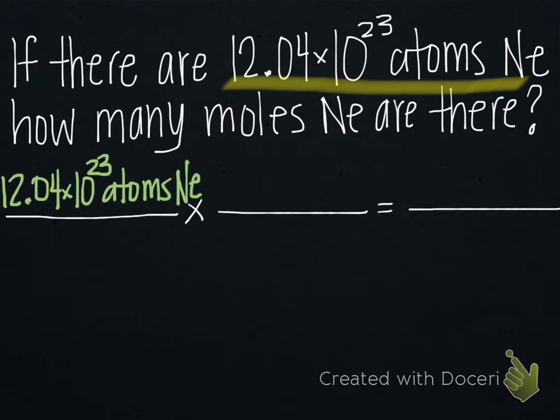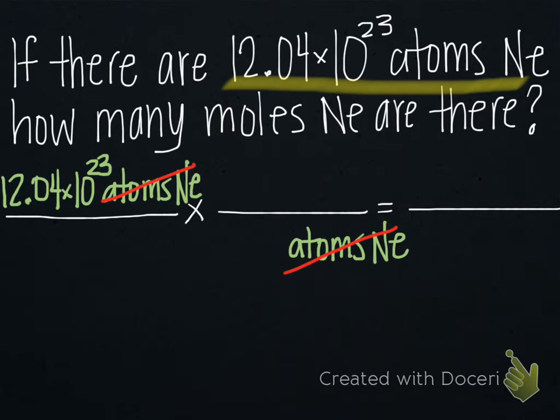Okay, so now where else does atoms of neon go? Because we want to cancel it out and we don't want it to be in our answer. So we put it at the bottom of our next fraction, so that we can cancel it out.